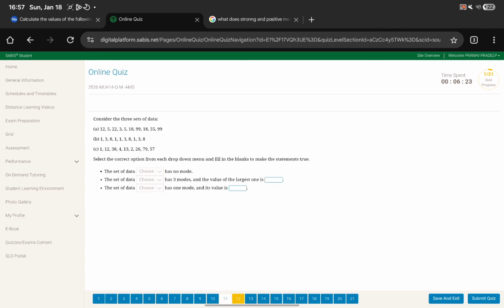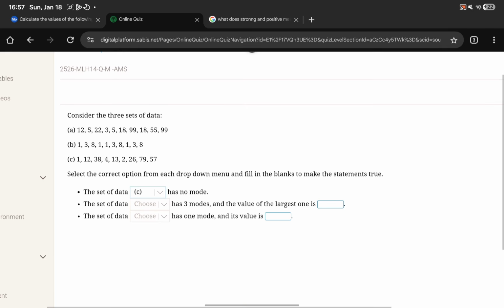Okay, consider the 3 sets of data. They give you 3 sets. Now the set of data which has no mode is basically C, because there's no number that occurs the most. Everything is just random. And the set of data which has 3 modes, let's check A, for example.